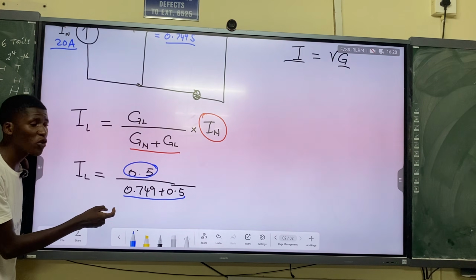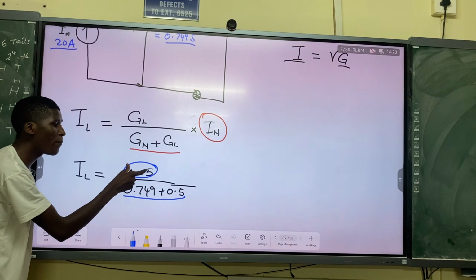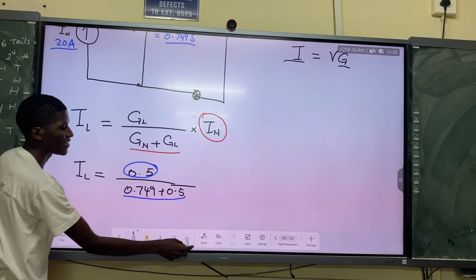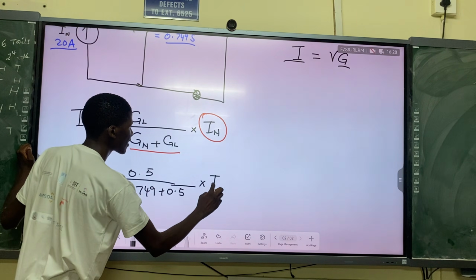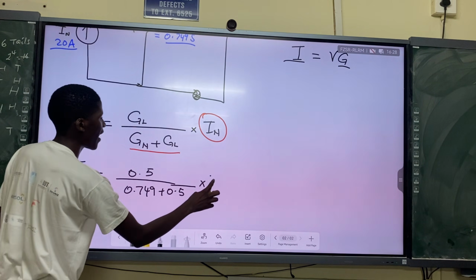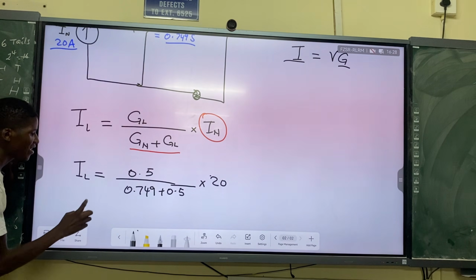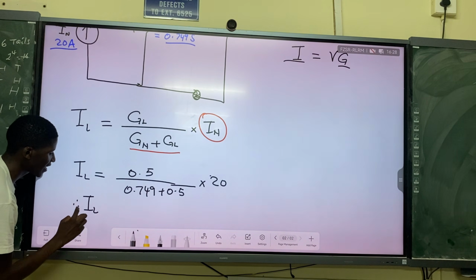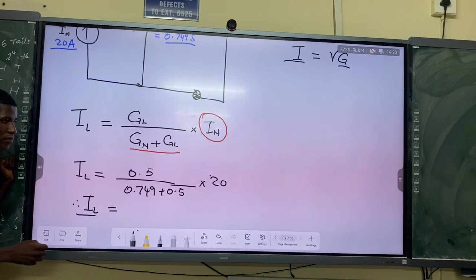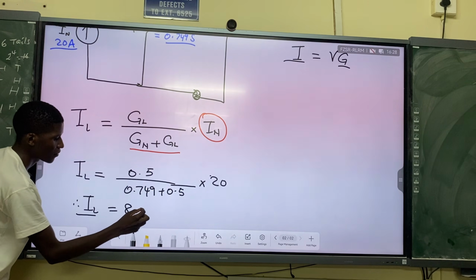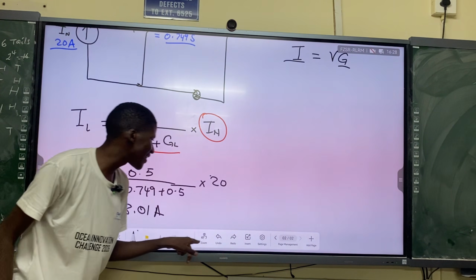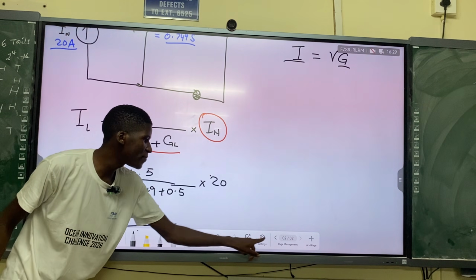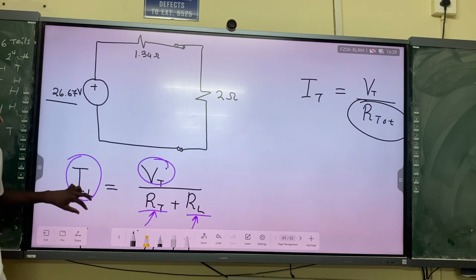So we get a smaller portion of the Norton's current, which is 20 amperes. So what is the current on the load? 8.01 amperes. Is it not the same as the current we obtained using Thevenin's theorem?